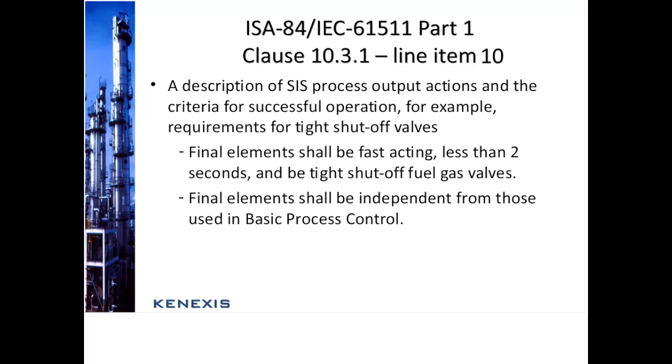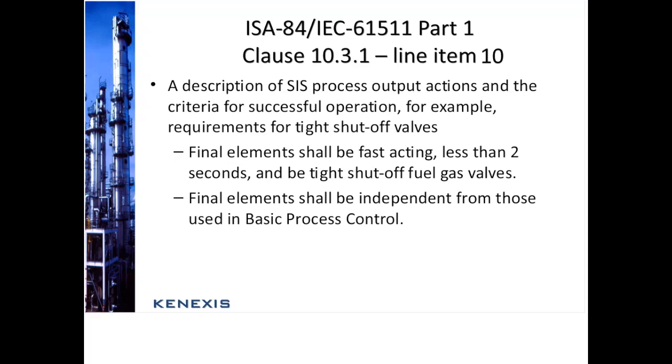So what happens is you write a specification, but you don't put all the finite details about the final elements that were just done here. And somebody says, well, you know what, we need double block valves, but yet that basic process control valve for the fuel gas flow, we'll put a solenoid on it and cause it to close.